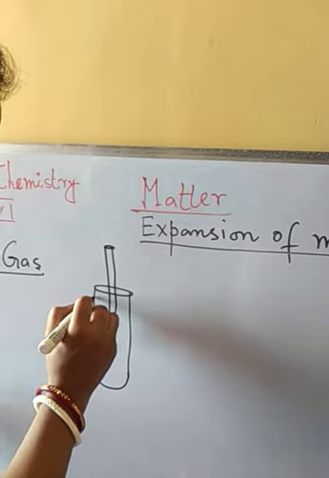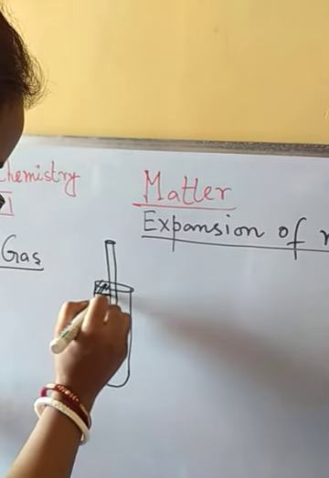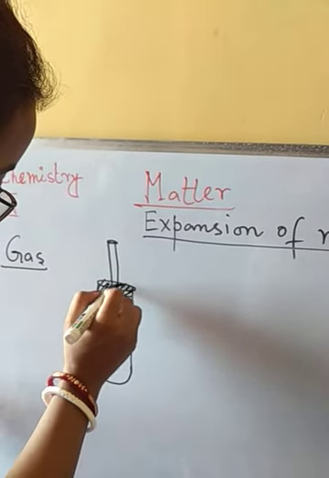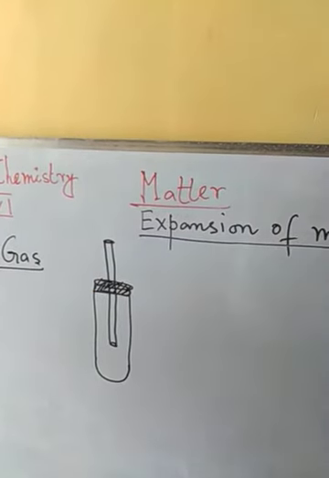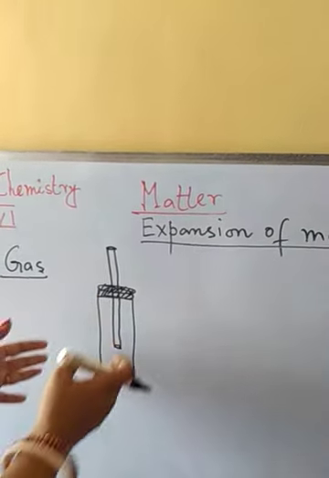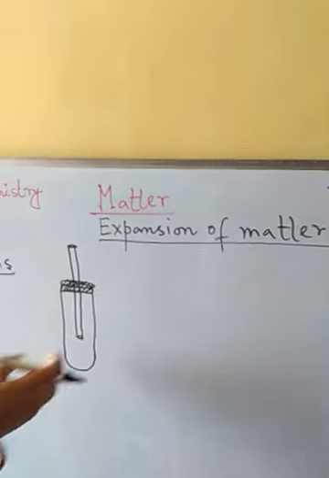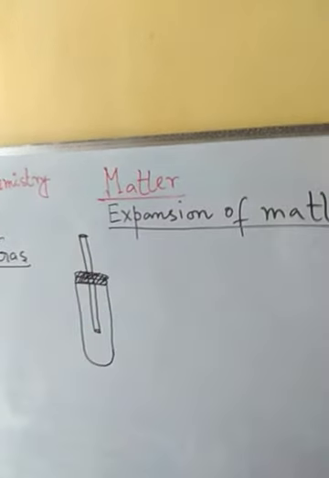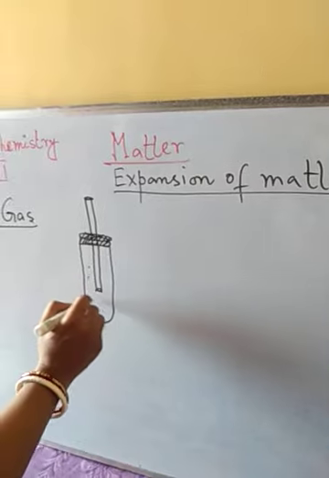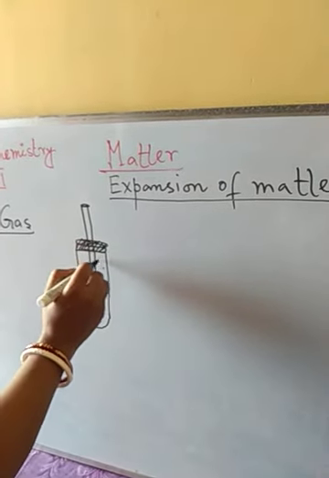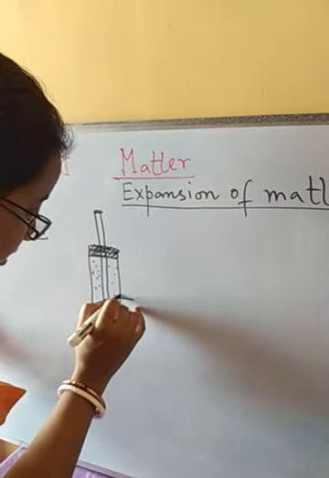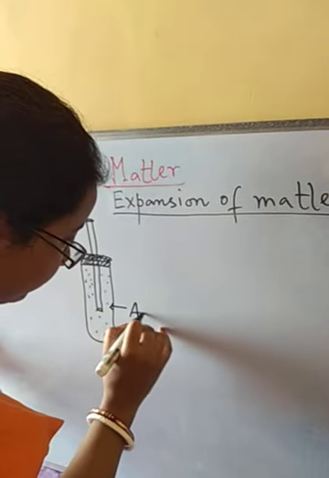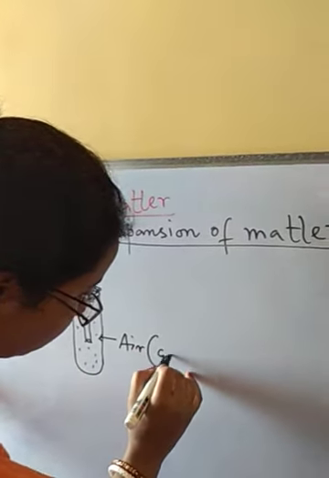This is the cork. Now for gases we cannot take any liquid inside, so here only air will be there, which is a gas. So air particles we can say. Inside the tube there will be air, which is gas.